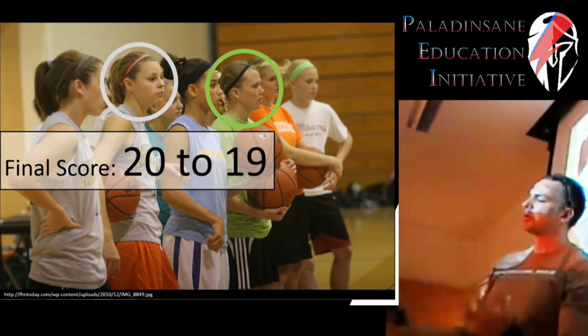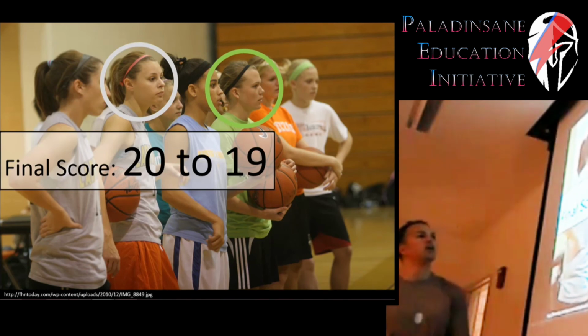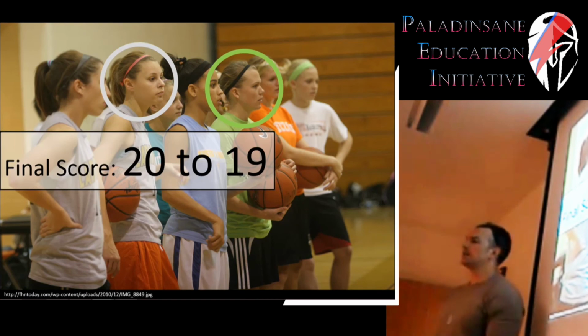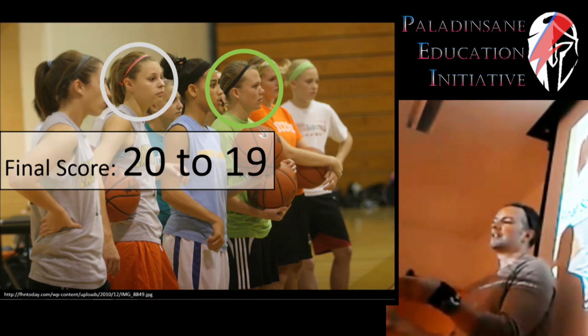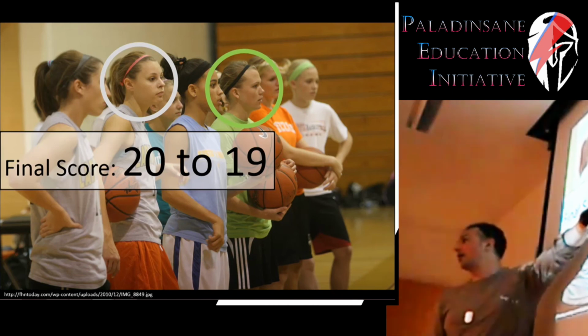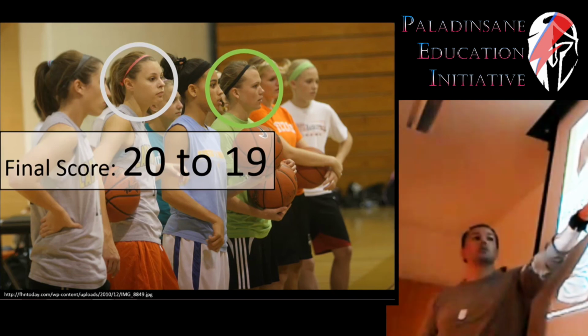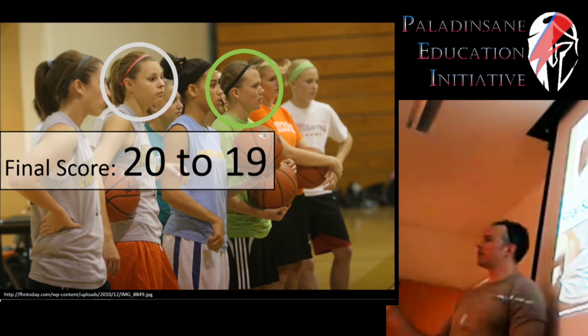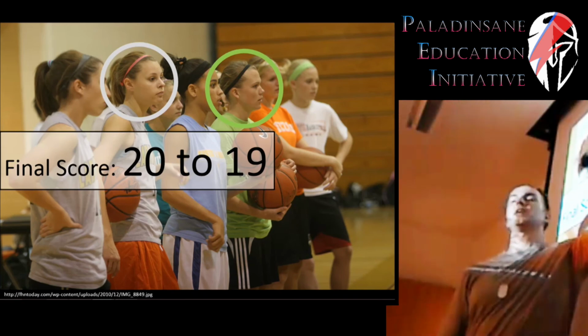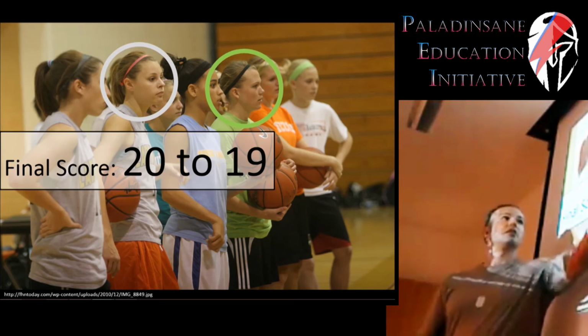Because it was just so close, it's too close to call. So inferential statistics would look at this small difference, and it would tend to say that that's not a real difference, that's just due to chance. Even though this is a bigger score, we've known since elementary school that 20 is bigger than 19. Inferential statistics tells us that what it's measuring, their basketball skill, is no different, that the score is just due to chance.